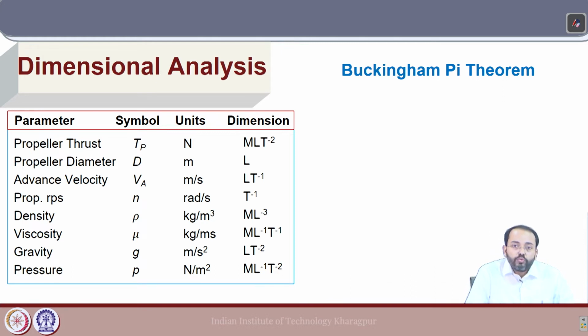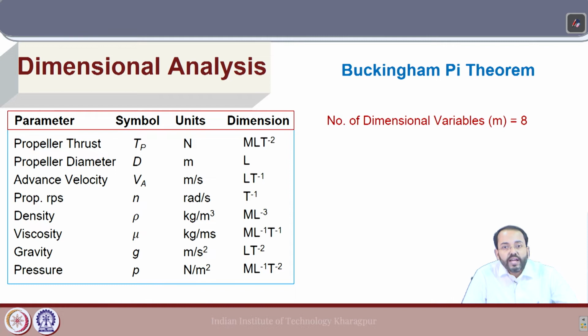So, what we will do is to use Buckingham pi theorem to get propeller thrust and torque coefficients as a function of all these parameters. According to this theorem, we have a number of dimensional variables which is 8.